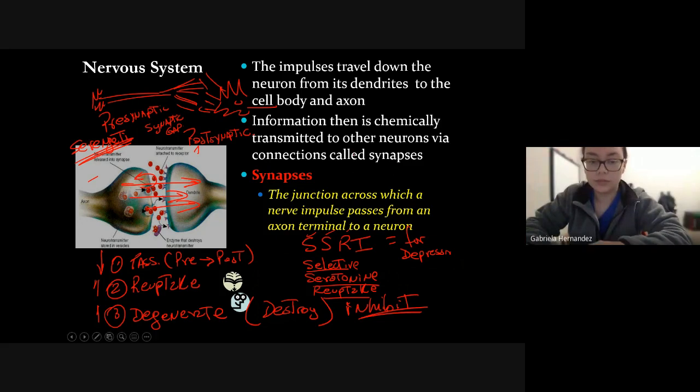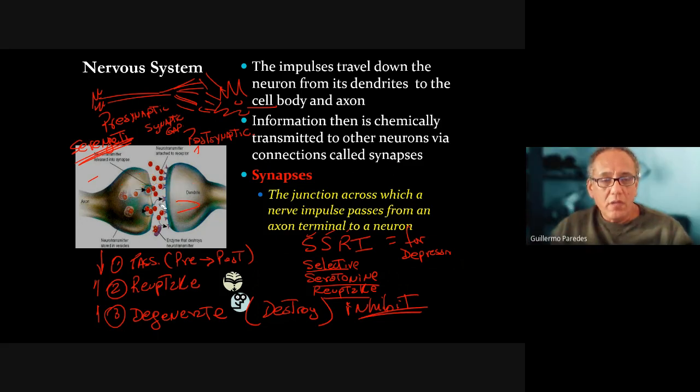In Parkinson, what you have is low dopamine. That means, how are we going to increase the dopamine? Because if you have Parkinson, you have low dopamine. You want to have more dopamine passing.